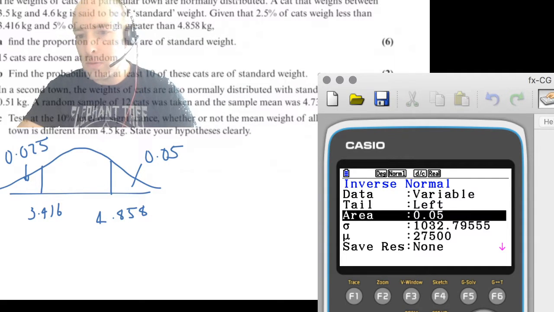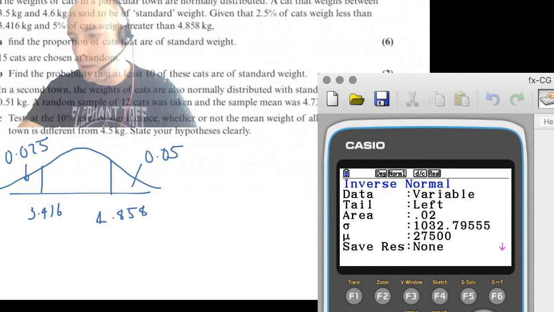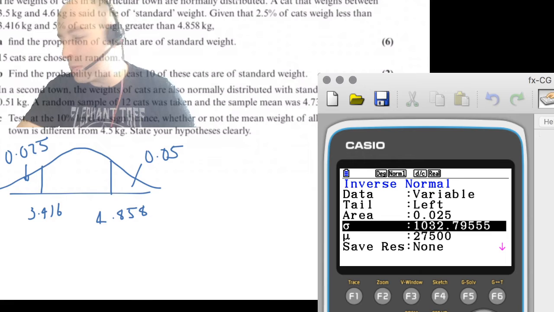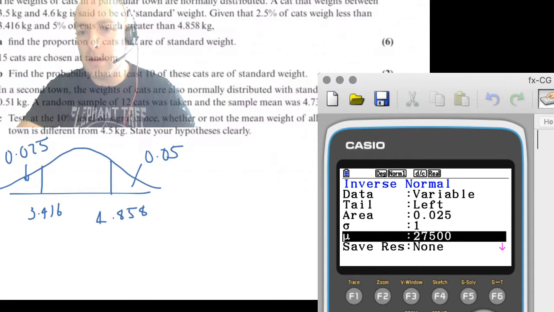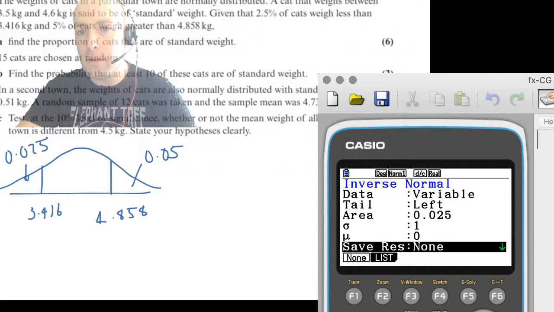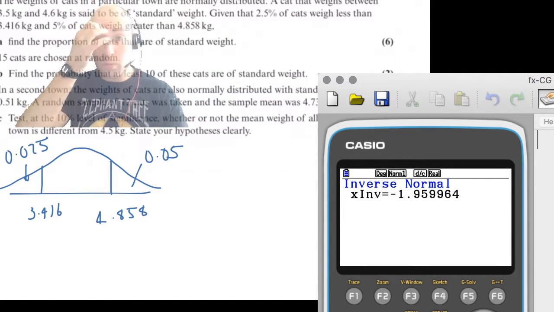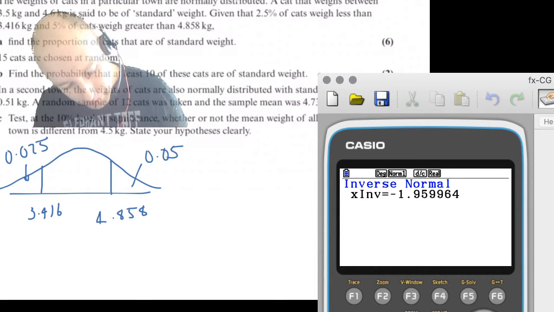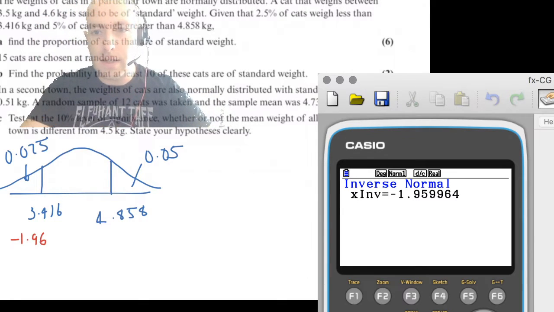Area there, 0.025. Sigma, well, we're doing a standardized distribution, so sigma is going to be 1 and mu is going to be 0. And if we execute that, we get our z value, so that's minus 1.96. So I've added that to my sketch for that z value there.